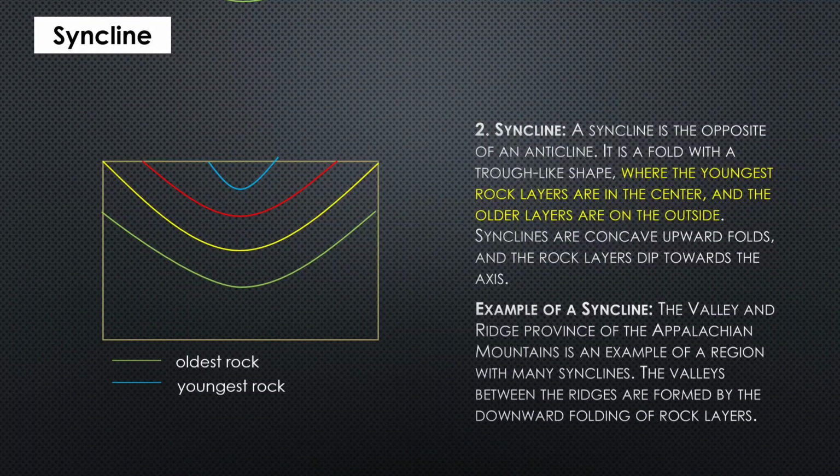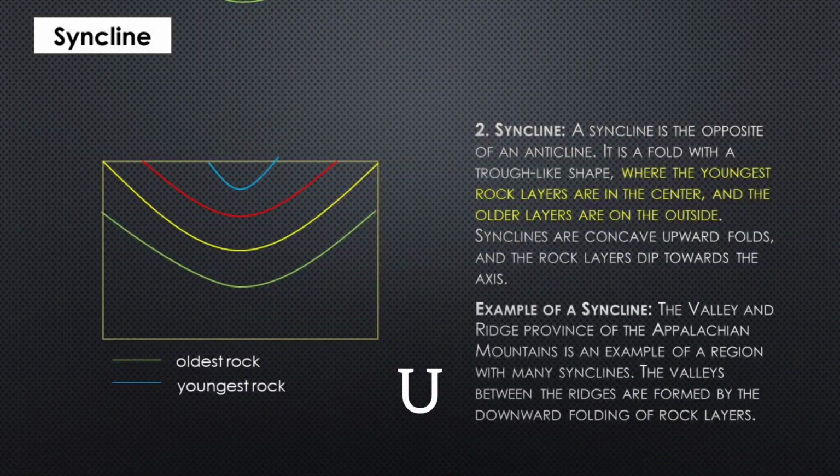Next one is the syncline. Syncline means U shape, that is in the downward direction. So a syncline is the opposite of an anticline, and it is a fold with a trough-like shape where the youngest layers are in the center and the older layers are on the outside. So you can see here the youngest rock, indicated by the blue color, is in the center, and the oldest rock, the green color, is on the outer surface.